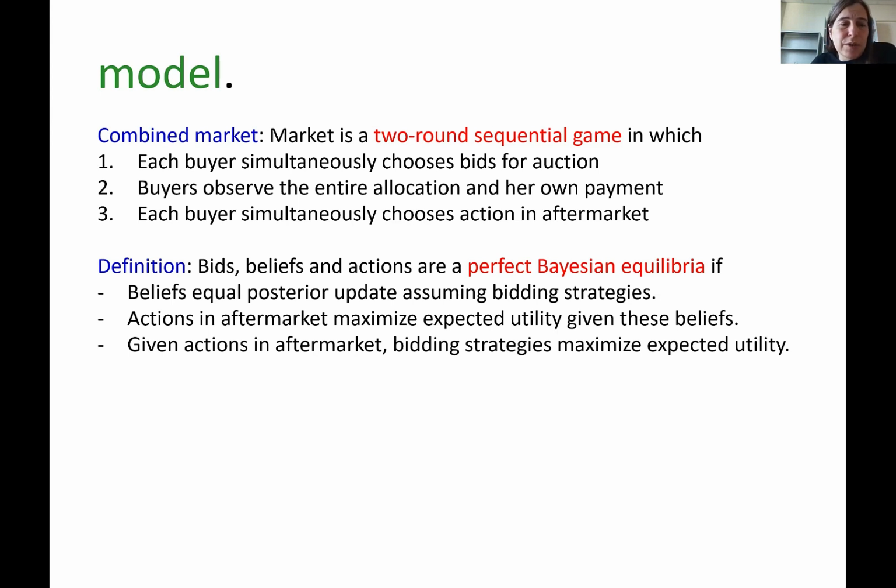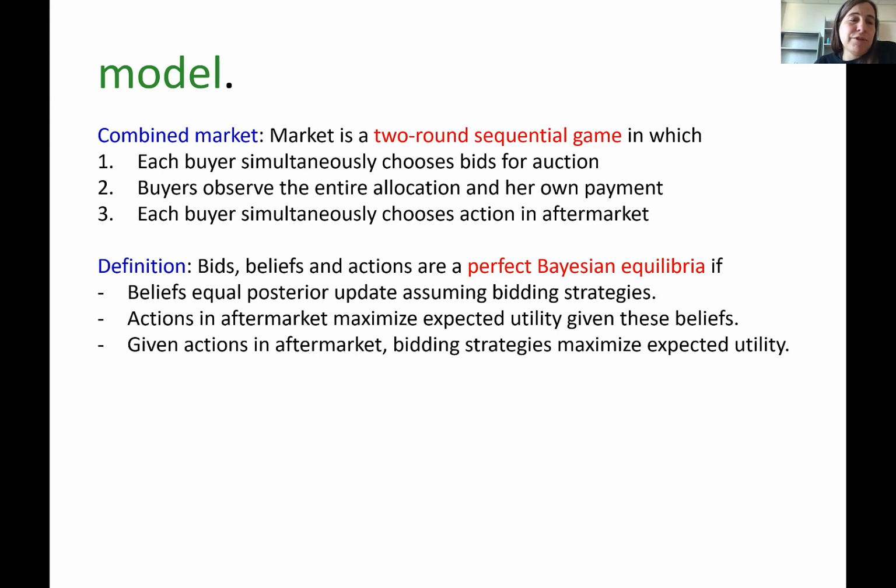There's also the subgame perfection requirement that the actions in the aftermarket must maximize the expected utility given the beliefs. And then the bids in the primary auction itself must maximize the expected utility given the actions in the aftermarket. Okay, so this is your standard solution concept for sequential games.